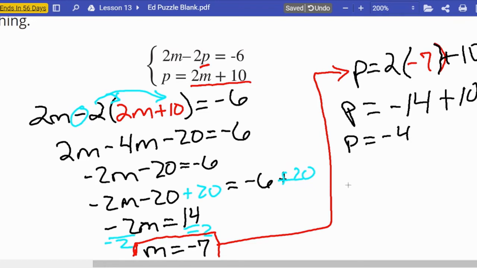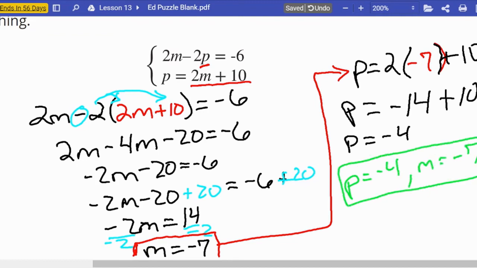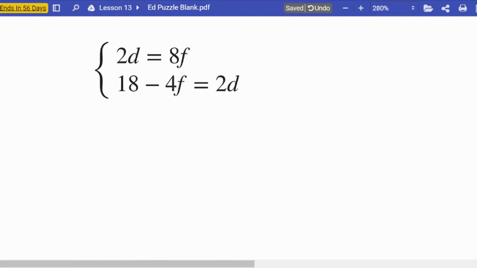So we end up with p is equal to negative 4, m is equal to negative 7. Make sure we substitute our answers back into the original to make sure that we didn't make any mistakes in our process. Okay, let's do one more example.